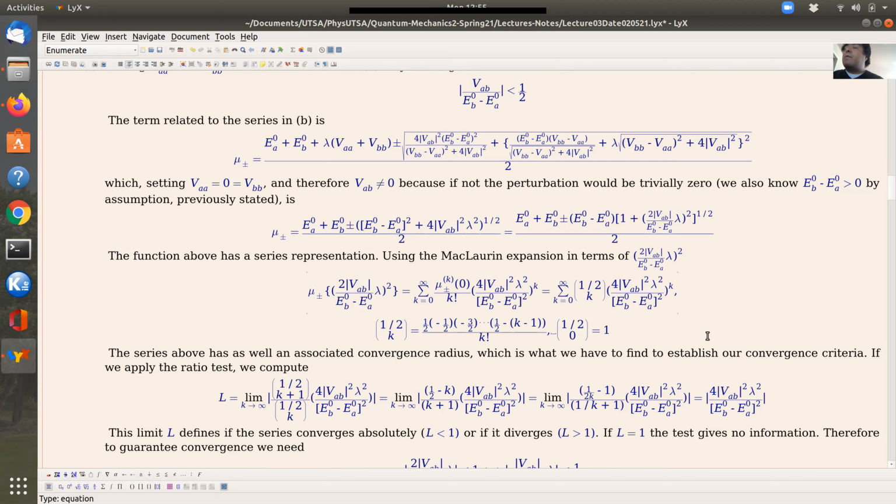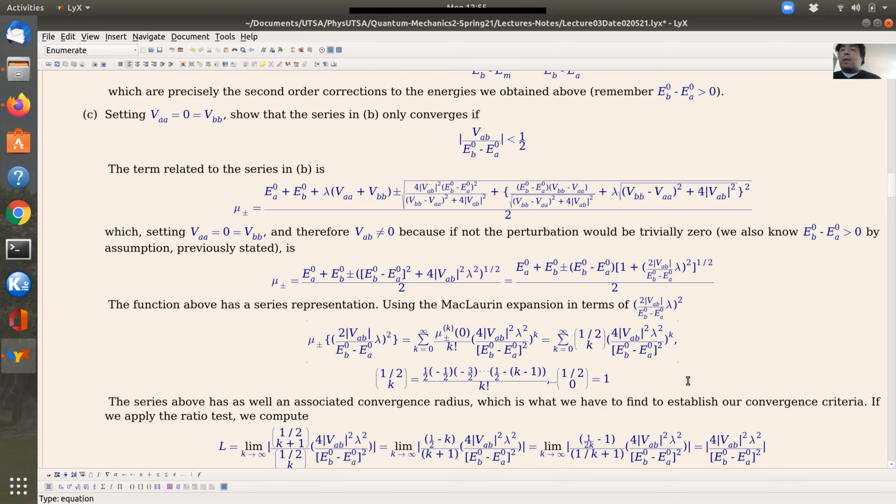So it might not be valid over the whole complex plane. That's important to figure out. And actually, this is quite relevant to the problem, because that's what they're asking us for. We have to find the convergence radius of this series. In finding it, we establish the convergence criteria, which is related to this. You will see it in the end.